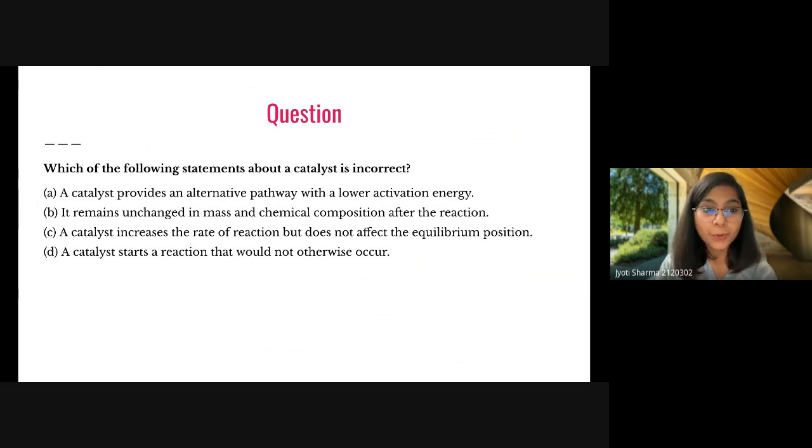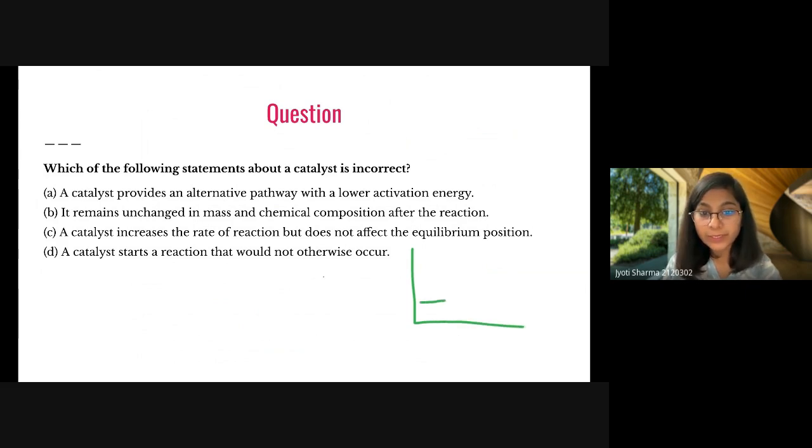Okay, so if we see each option one by one, then a catalyst provides an alternative pathway with a lower activation energy. This is the right statement. Let me draw this figure again.